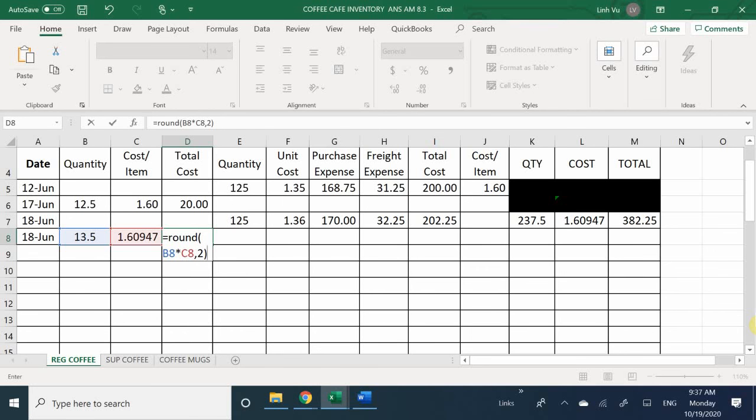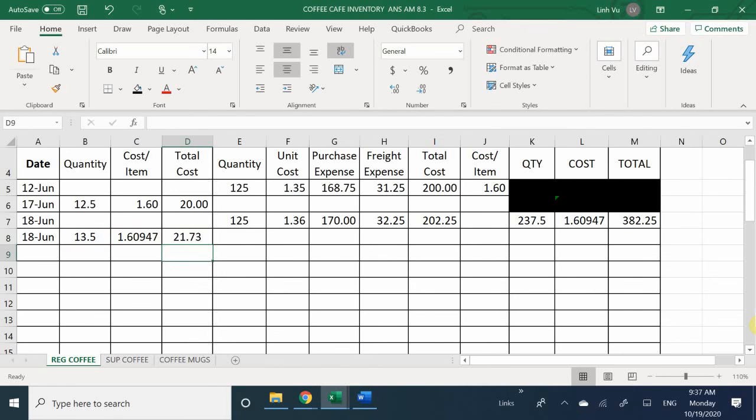So in this case, can someone calculate for me what is 13.5 pounds times 1.60947, and so on and so forth. 21.727845.